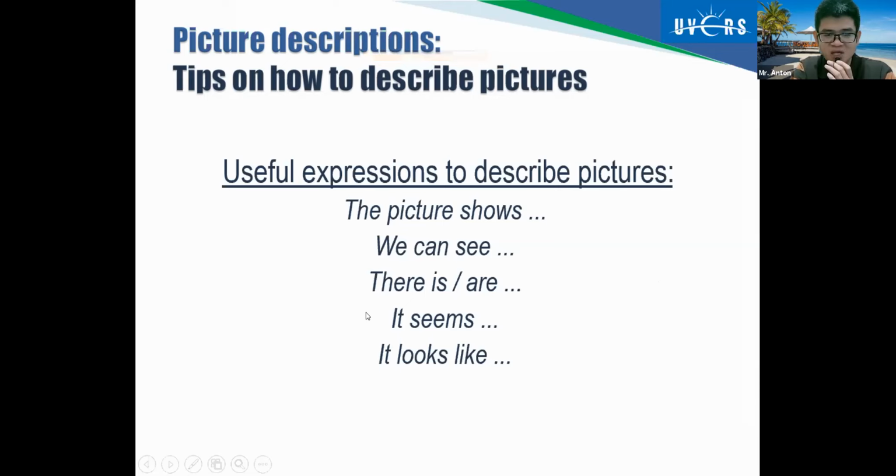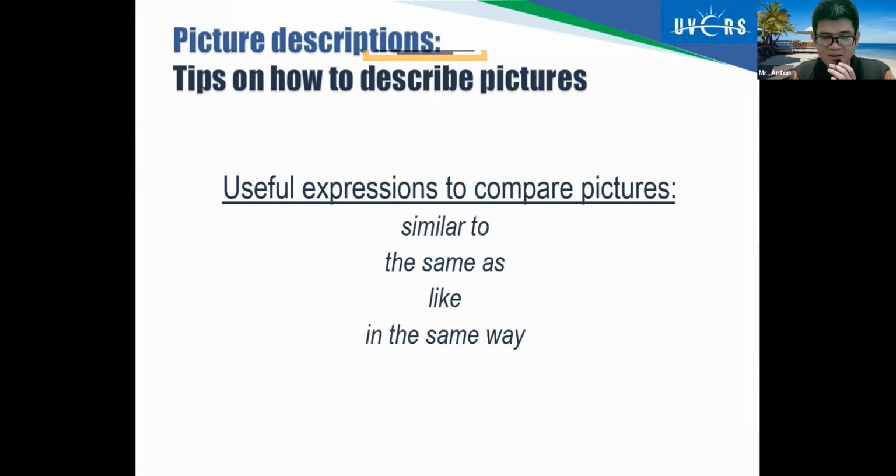And the others also can use it seems or it looks like. So I mean, not all 5 of you just use the picture shows, the picture shows. You don't have another expression to describe? It will be too flat, I mean.